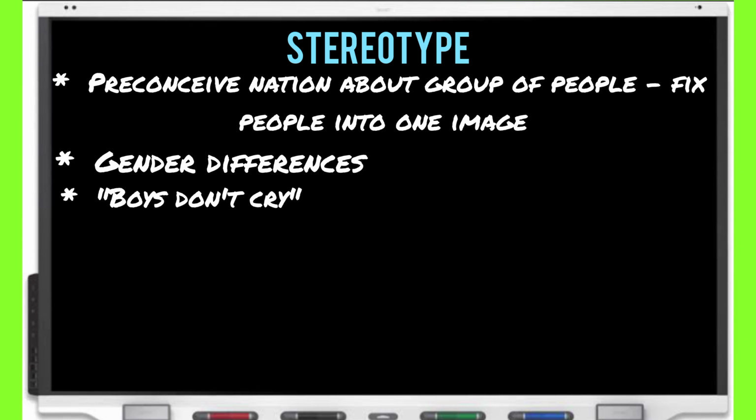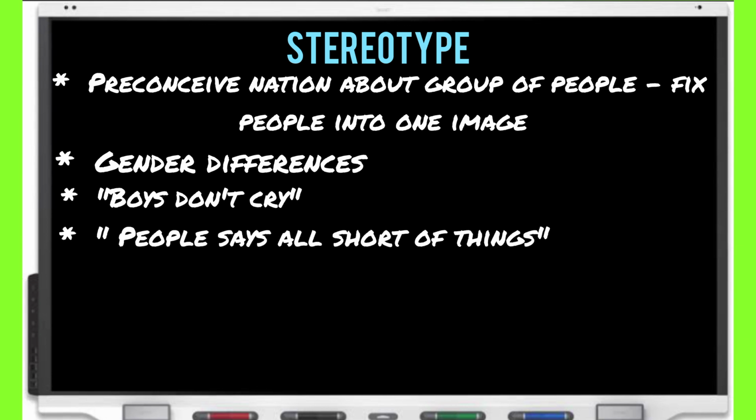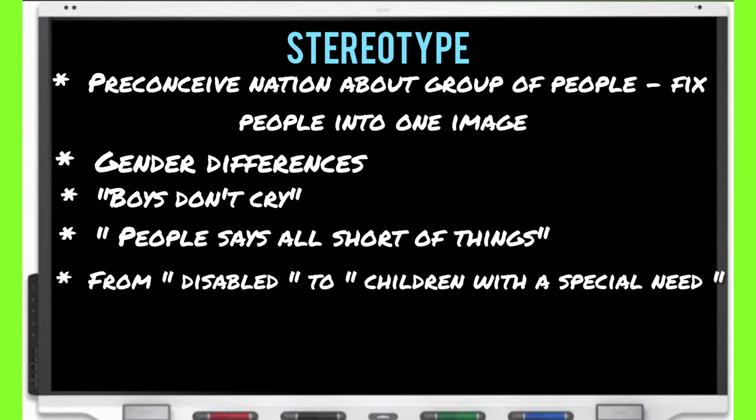So it's a kind of preconceived notion about something. It's not necessarily related to a negative feeling. Some other kinds of stereotypes are when people say all sorts of things about me. This kind of statement could be heard from a disabled child.